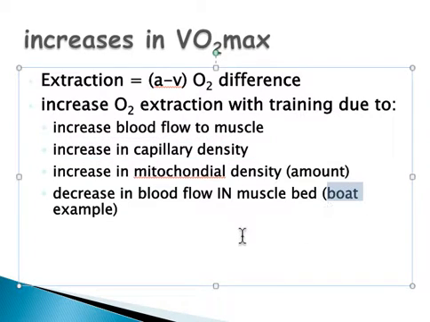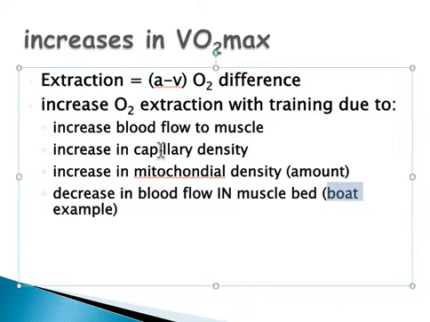And I always think of a boat example. If you're whitewater rafting, that water is really, really fast. It's hard to paddle over to the shore. If the river widens out, now the same volume of water is going through this nice wide river, and it's easier to paddle over to the shore and drop someone off.